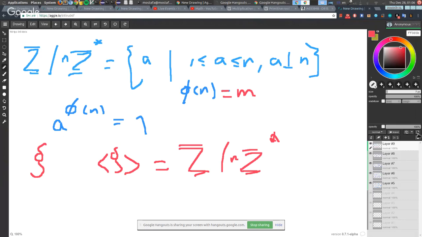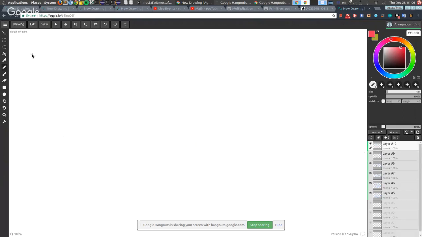For example, let's look at the multiplicative group modulo 13. This has all the numbers from 1 to 12.